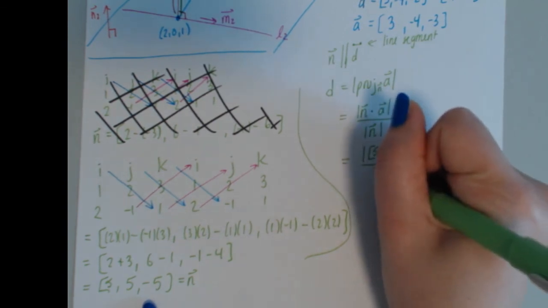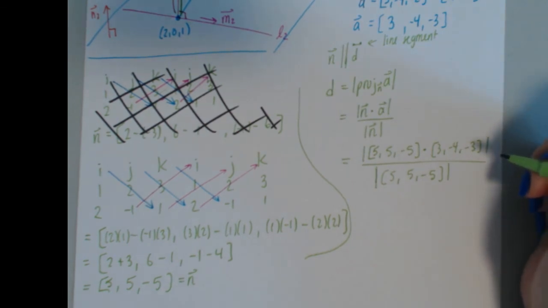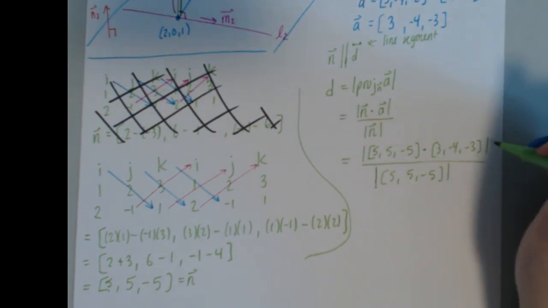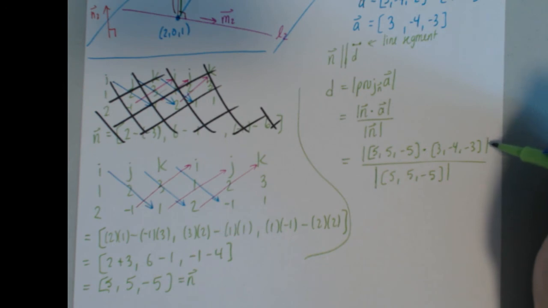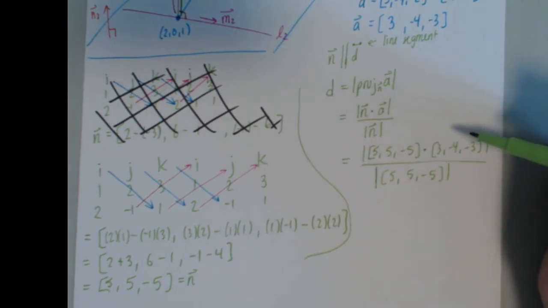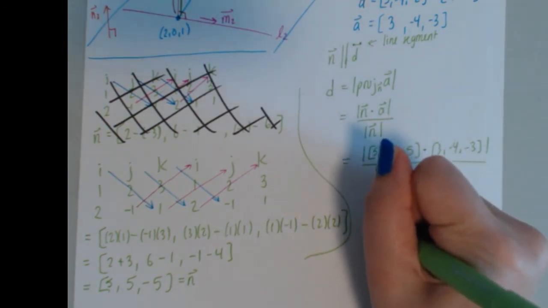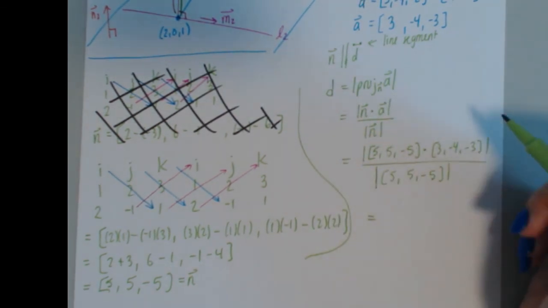While the absolute value brackets are not necessarily important on top, the only way that it actually will have an effect is if you end up with a negative result, it'll automatically take the positive, right? Because distance can't be negative. That's why we have the absolute value symbols around a scalar quantity.